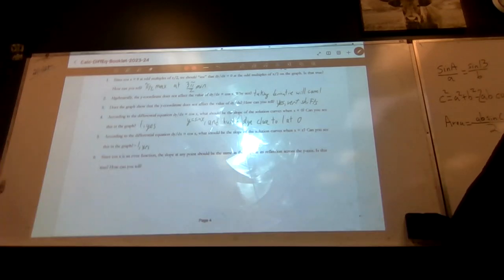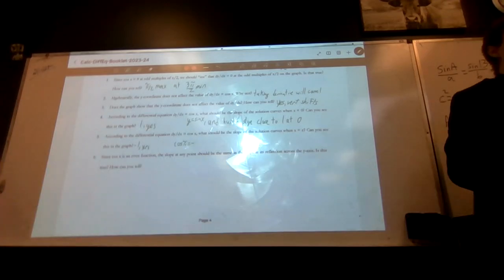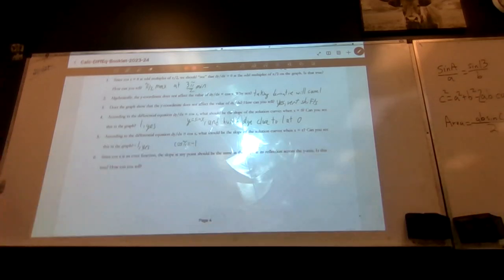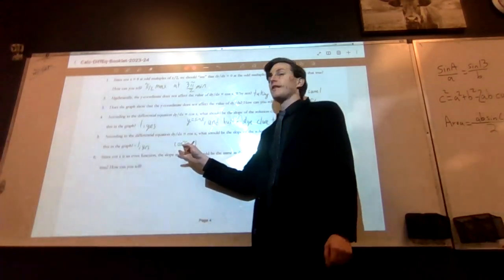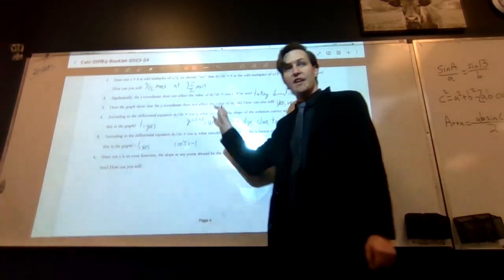What is the cosine of pi equal to? -1. So we can use the graph to approximate the slope we see, or we can evaluate cosine. Cosine of pi is equal to -1 because the derivative is cosine.